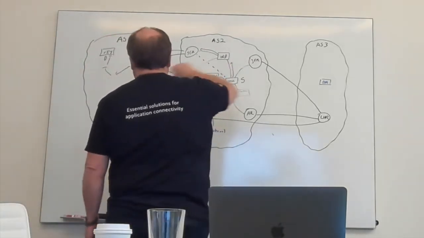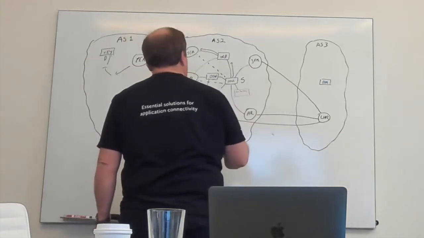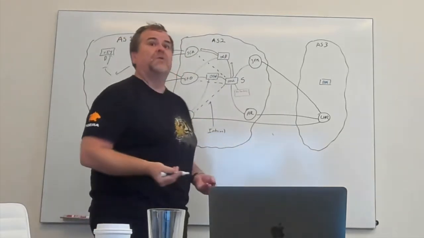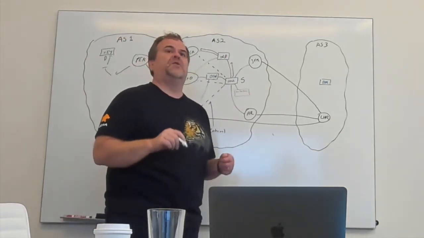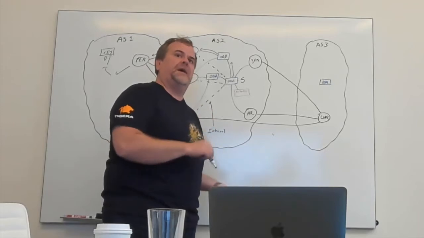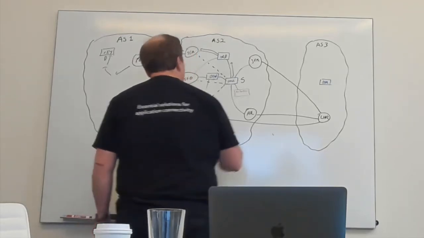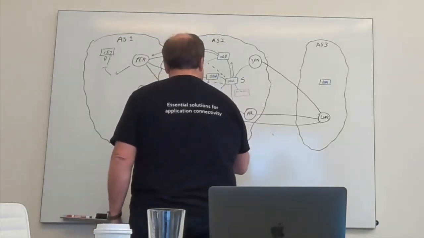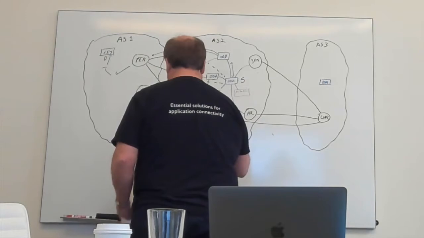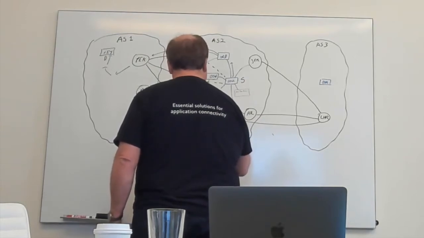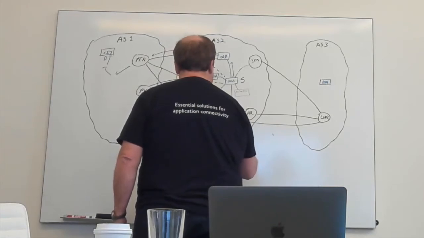These blue routes I drew up in here are internal routes. They're routes that tell you how to get to a gateway. So for these internal routes, you would use an IGP. The most common examples for that would be OSPF or ISIS.